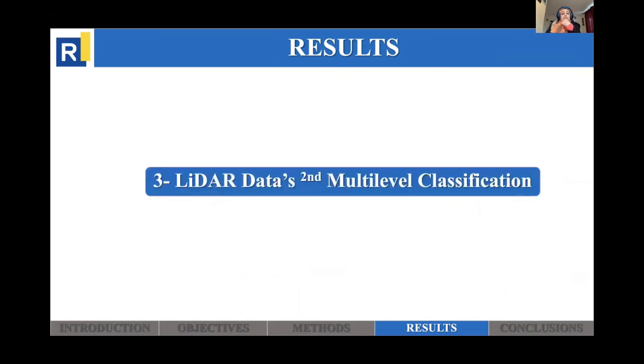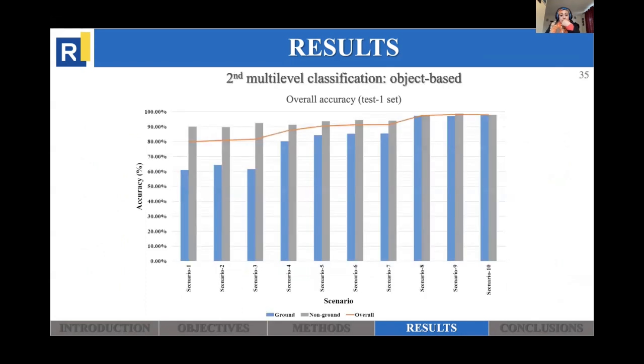So, moving to the results of the second multi-level classification. Here we can see that, generally speaking, the overall mapping accuracy increases with the inclusion of more features. This is highly visible during the last 3 scenarios, scenario number 8 up to scenario number 10.